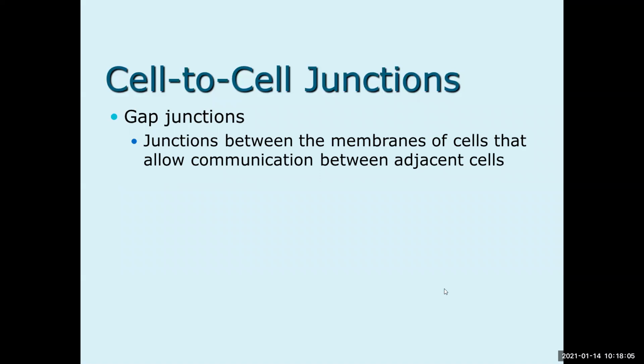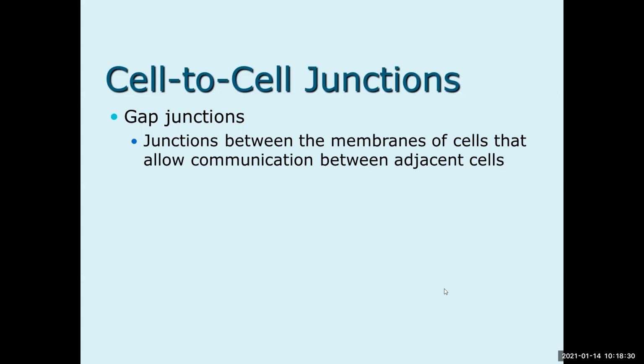Then you've got these gap junctions, and those are the junctions between the membranes of the cells that allow communication between the adjacent cells. And where are those gap junctions that we talked about? Those intercellular spaces are a little bit wider. Do you remember?